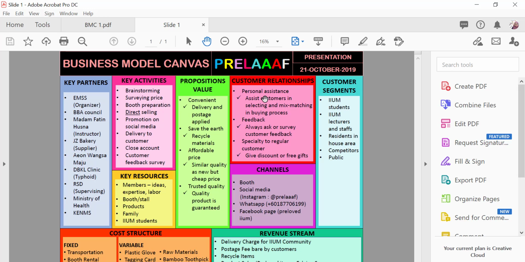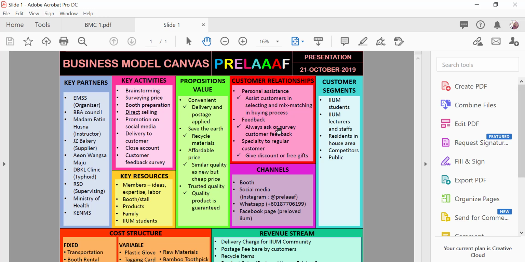So of course you need to assist your customer buying. If you have lots of the same product that your customer can buy in bulk, this is not applicable in customer relationship, only for Pre-Love. Feedback is not supposed to be under here. So let's say this is an example from students, which is not entirely true.